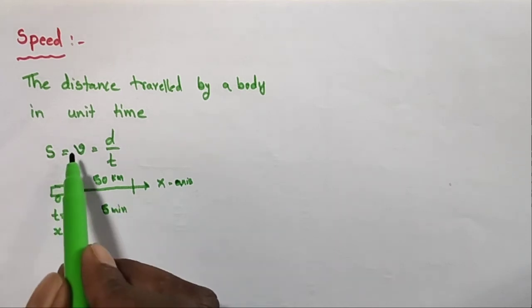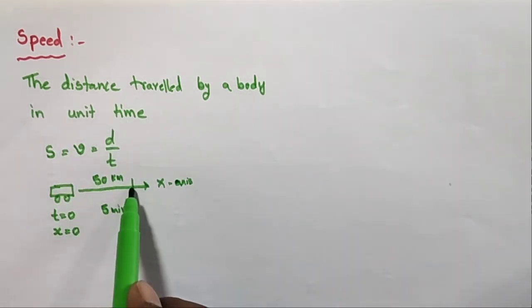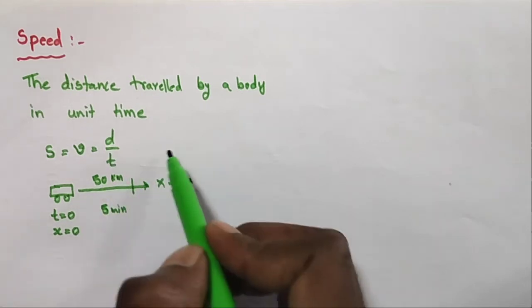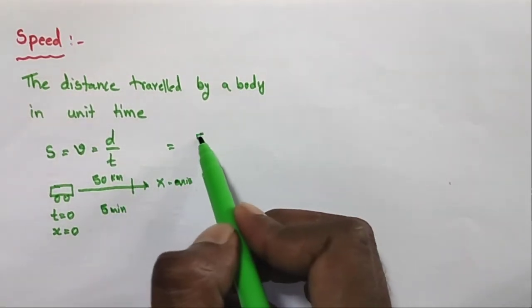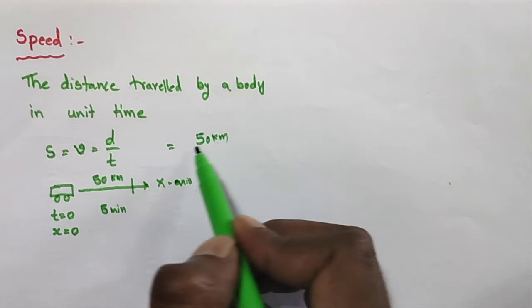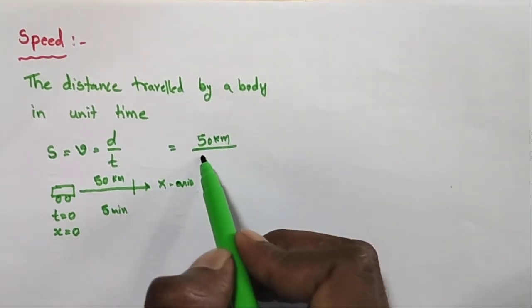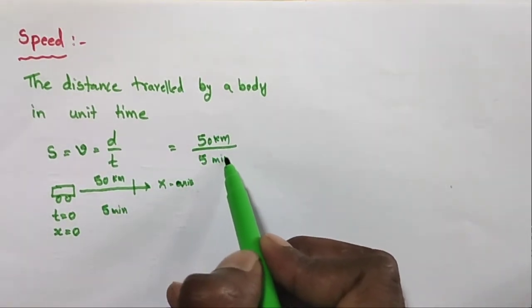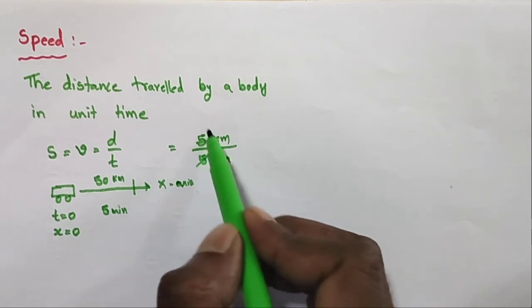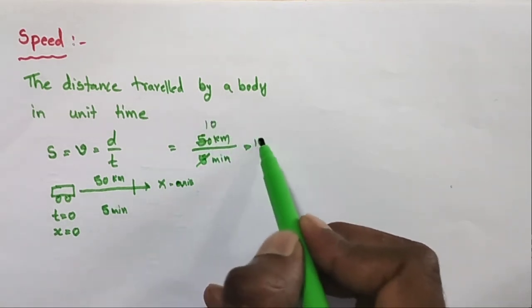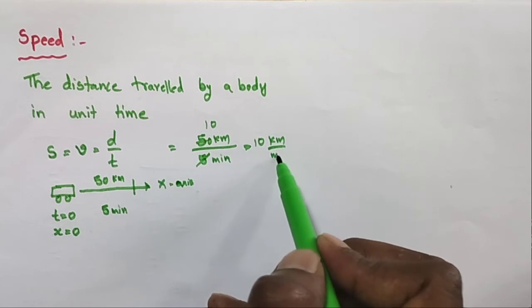Speed means how much distance is traveled. Here that is 50 kilometers in per unit time, how many minutes? 5 minutes. So 5 fives are 25, 5 tens are 50, that is 10 kilometer per minute.